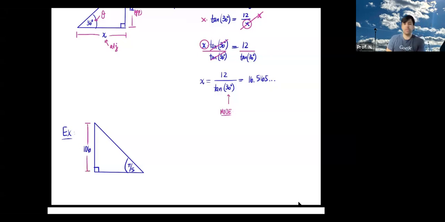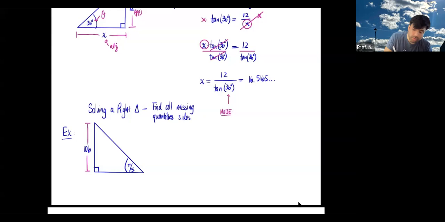Now, what we're going to do is what's called solving a right triangle. And what that means is find all missing quantities, both sides and angles.